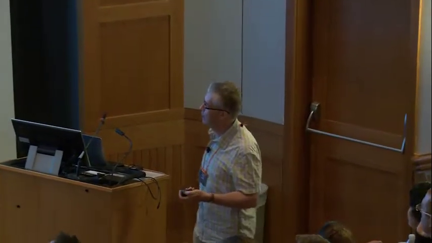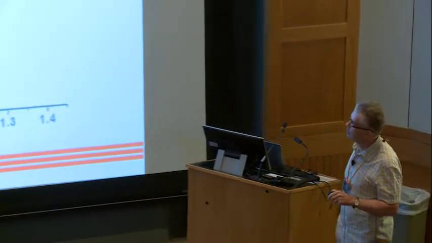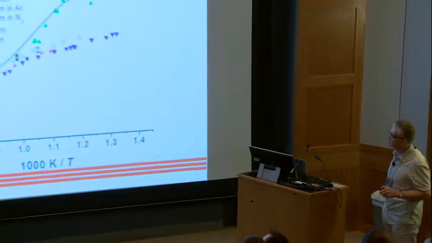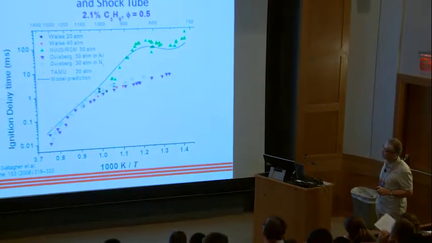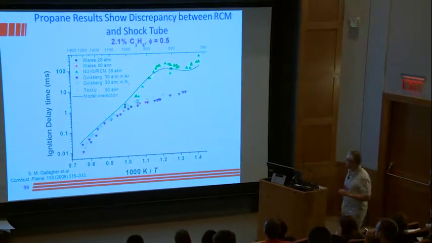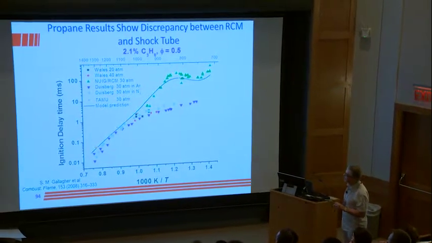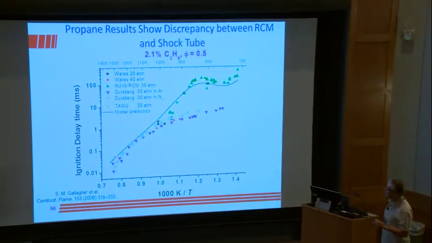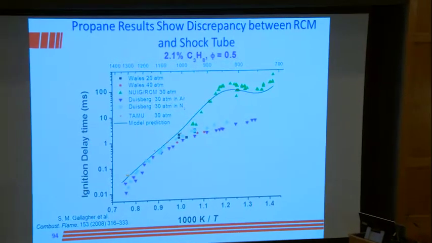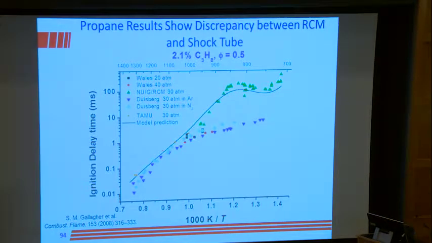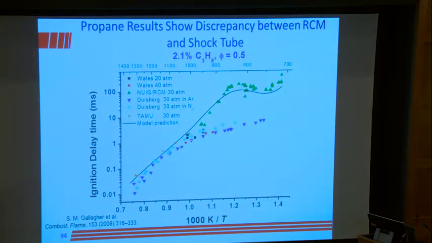I showed you a little bit earlier that pressure time history. Here's a slide that we published in 2008 in a paper on propane oxidation. I don't know if it was in color at the time. But here are data taken in our rapid compression machine in Galway, and here are data that were published by Professor Schulz's group in Duisburg in Germany.